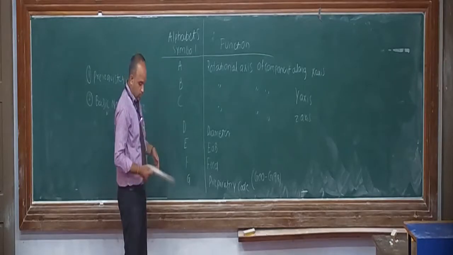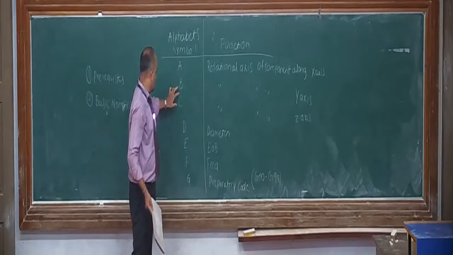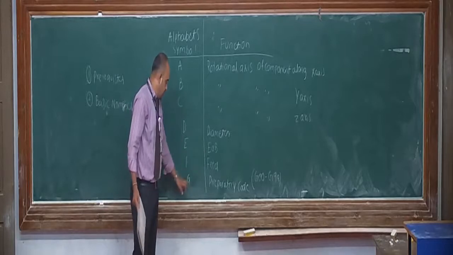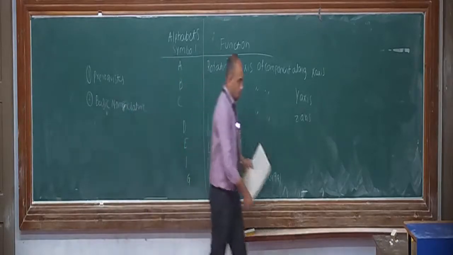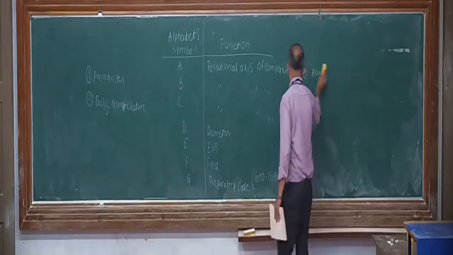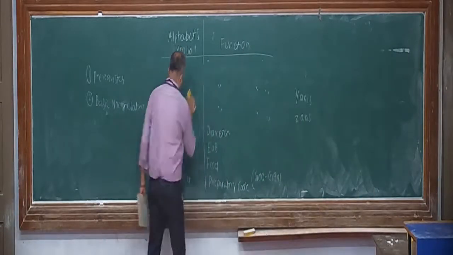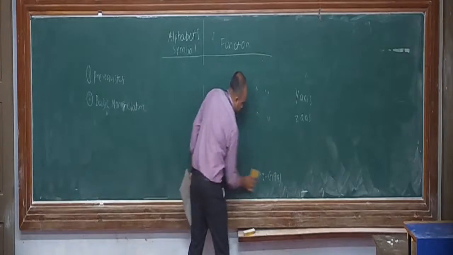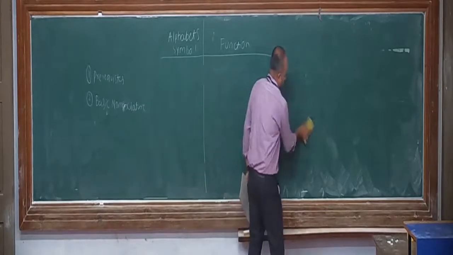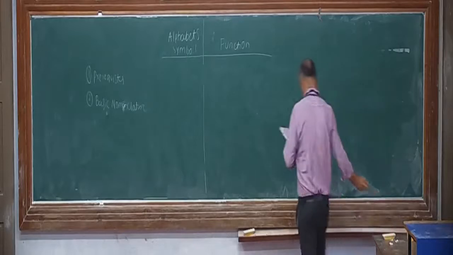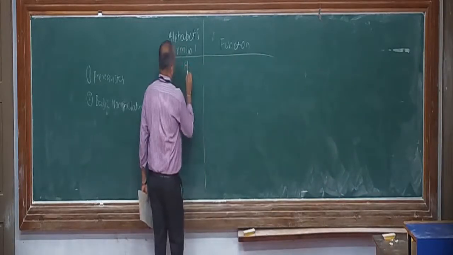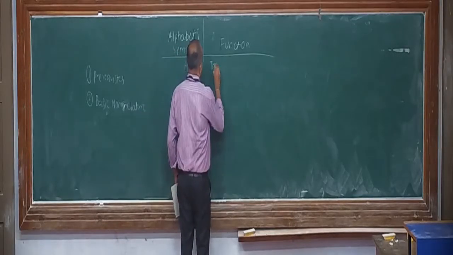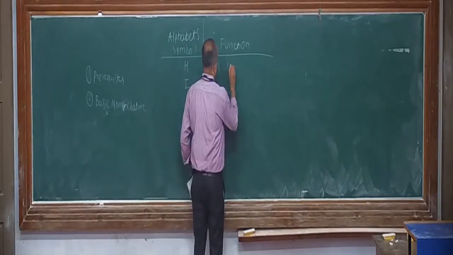So A is rotation, B is rotation, C is rotation, D is diameter, E is the end of block, F is the feed, and G is the preparatory code. H is nothing but the tool compensation.